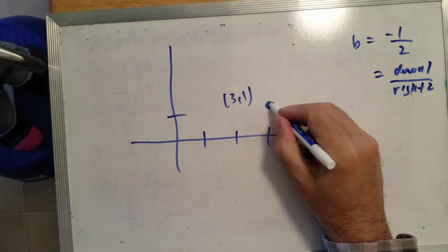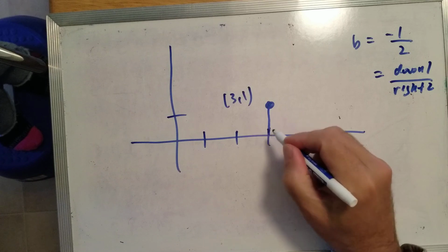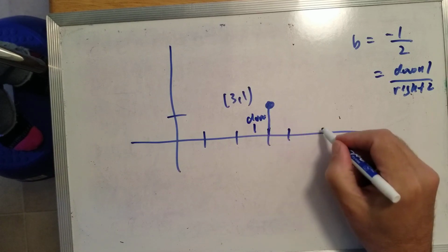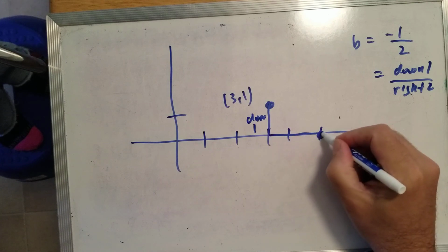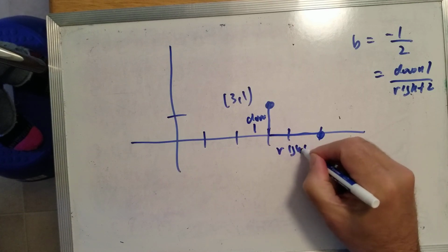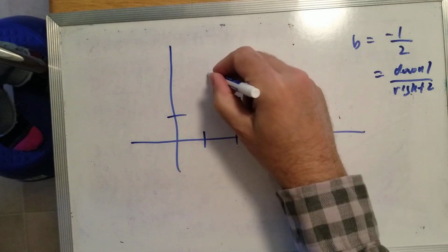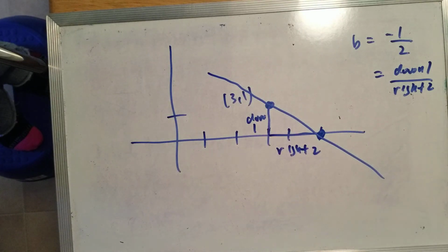So starting from here, I'm going down 1 in y, down 1, and then right 2. And where that ends up gives me another point on the line. If I connect those 2 points, I get a graph of the line.